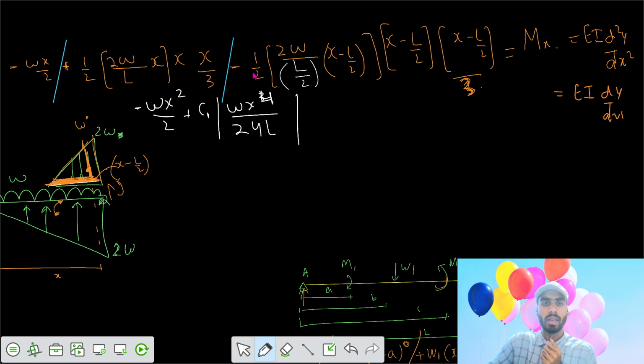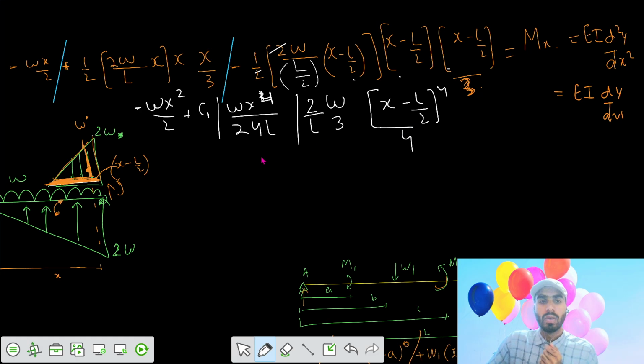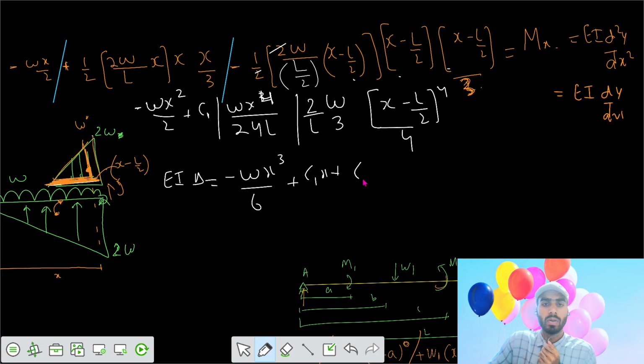Similarly for this case, this one and this one goes, and the 2 power would go upwards, 2 by L. Then you had w, and you had 3 also here. Then you had 1, 2, 3 times of this one. So integrating it, you get 4 times of this one divided by 4. Similarly you can get EI delta equals minus wx power 3 by 6 plus C1x plus C2.